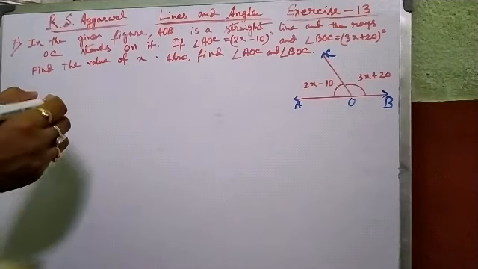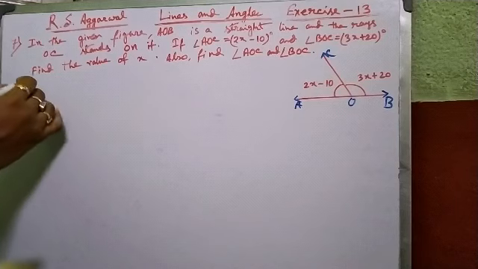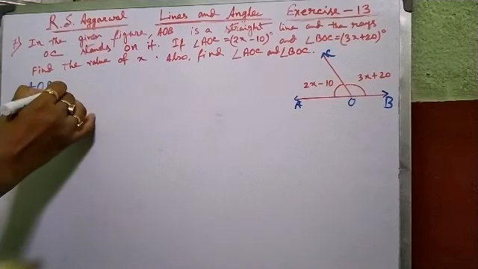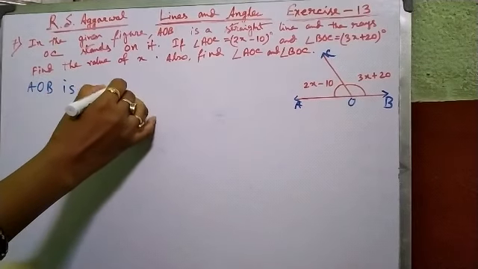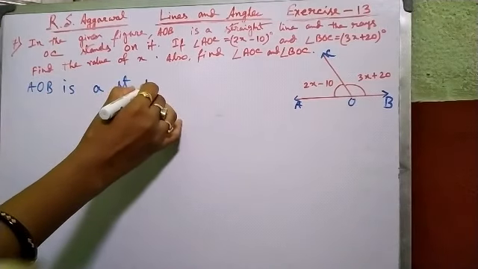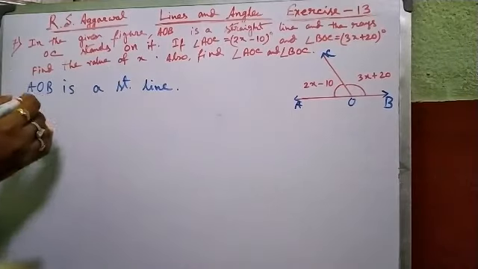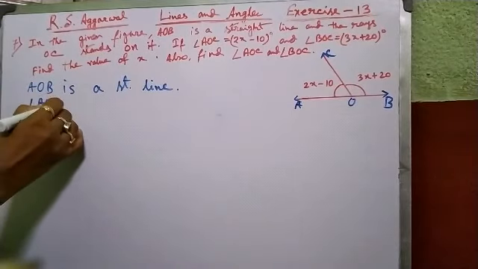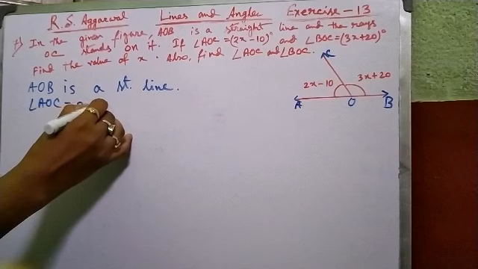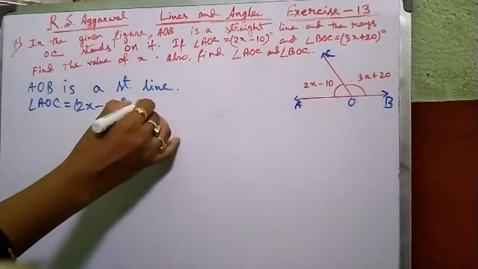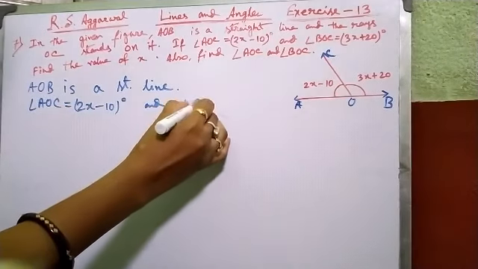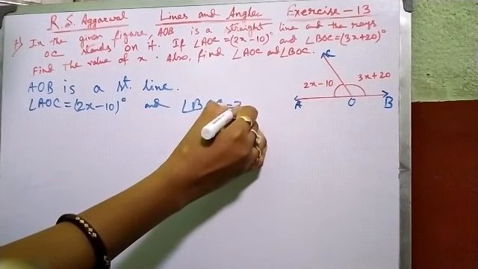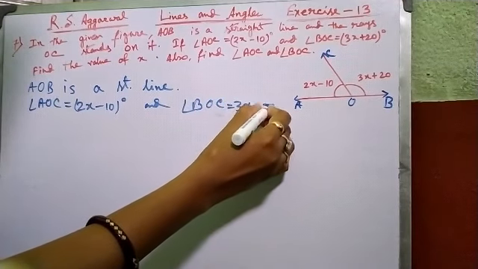So first of all we write the angles. AOB is a straight line, angle AOC equal to 2x minus 10 degree and angle BOC equal to 3x plus 20 degree.